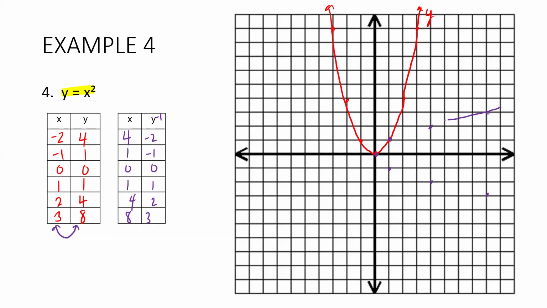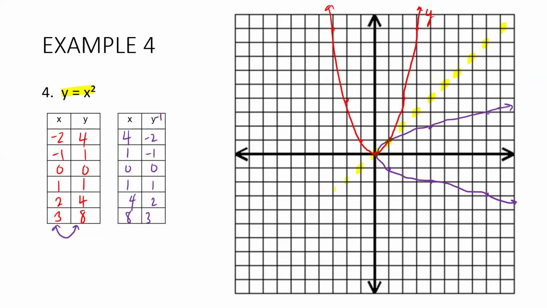Now, as you can see, we created our inverse. It's an inverse relation. And why am I calling it an inverse relation?